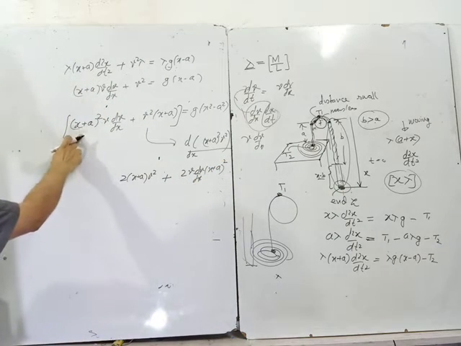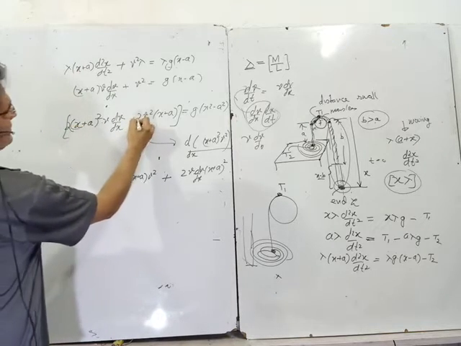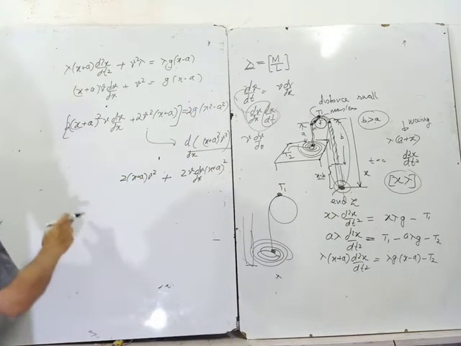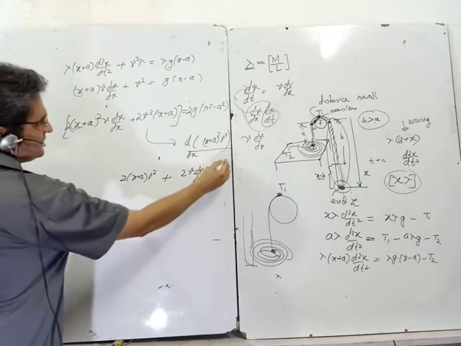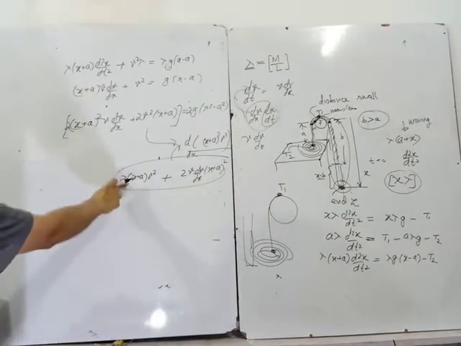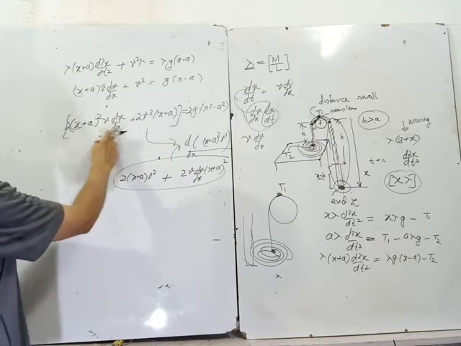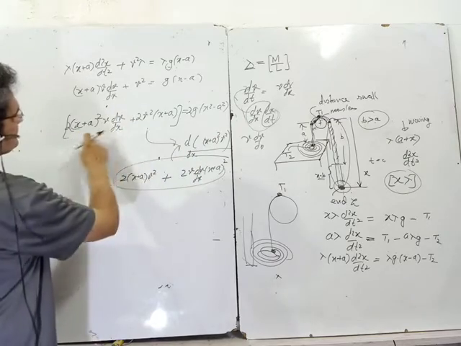This is what I get. Only thing is I need to multiply the whole equation by 2. So this thing I can easily replace as this, because same thing I am getting. If there is some mistake you can check it yourself. This is what you can replace with this equation.